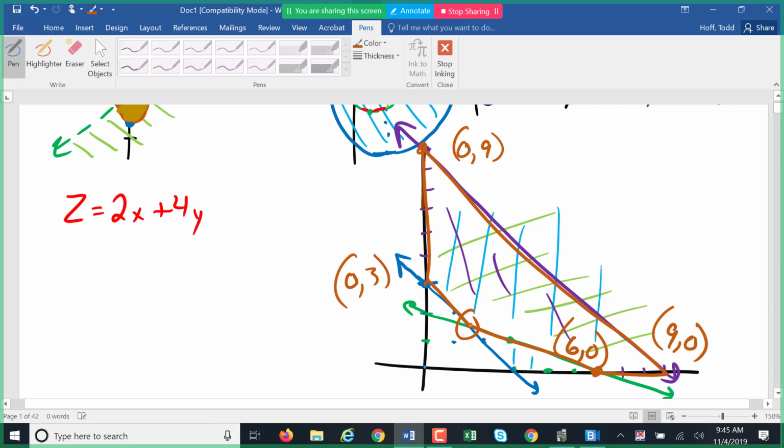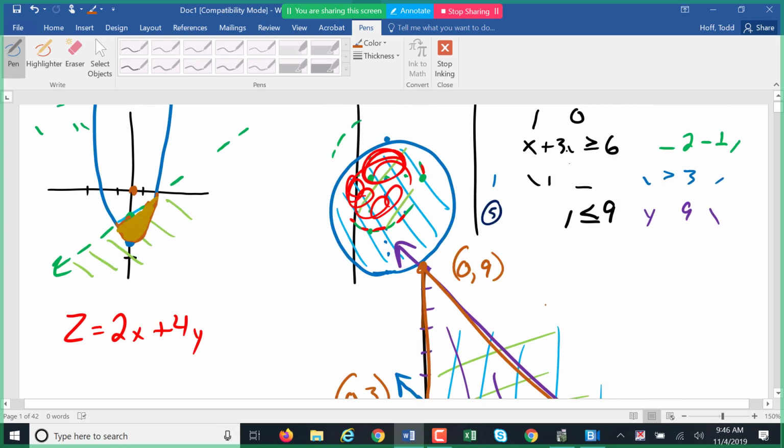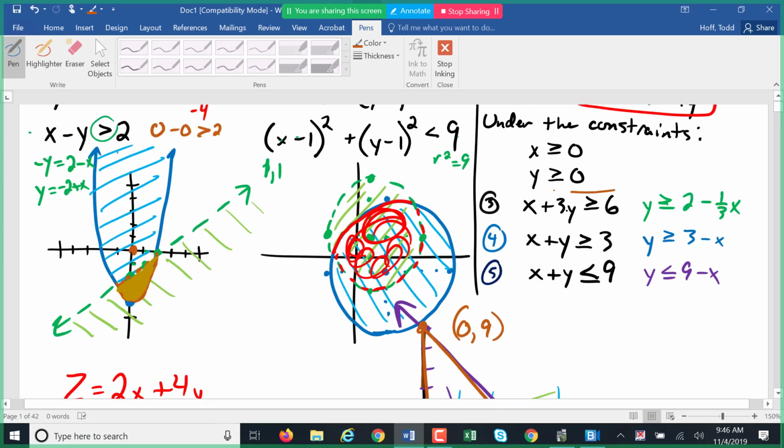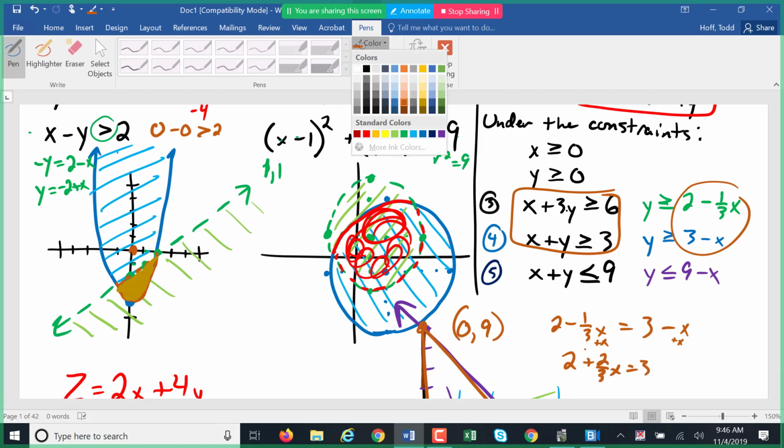So we need to find this point. This point is the intersection of these two equations right here. So if I set these two pieces equal to each other, 2 minus 1/3 x equals 3 minus x. If I add x to both sides, I get 2 plus 2/3 x equals 3.